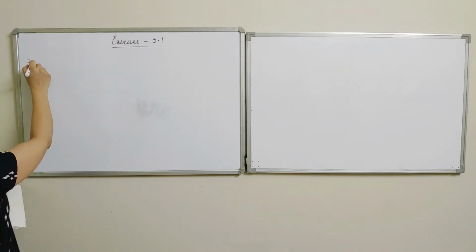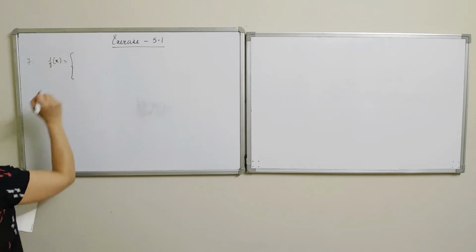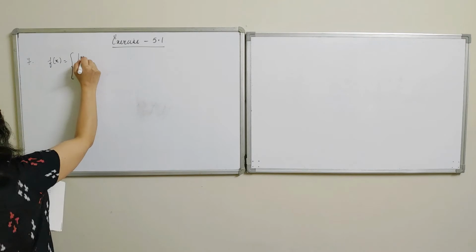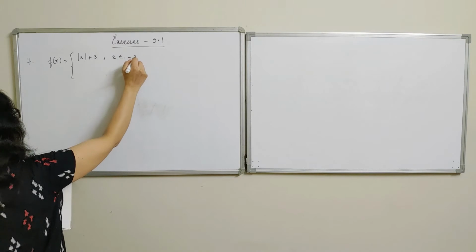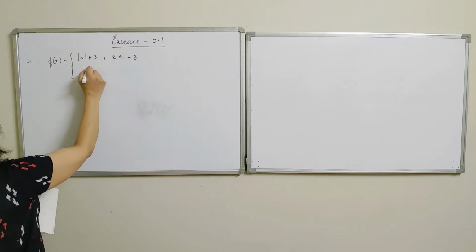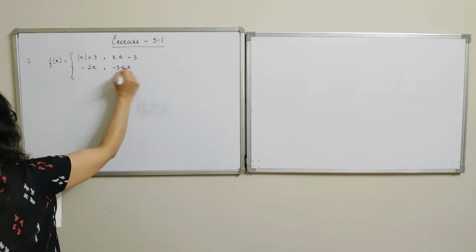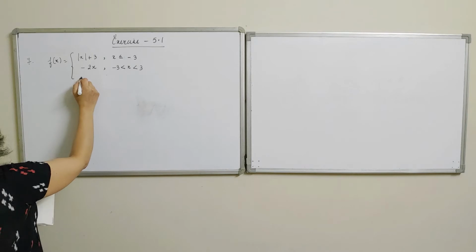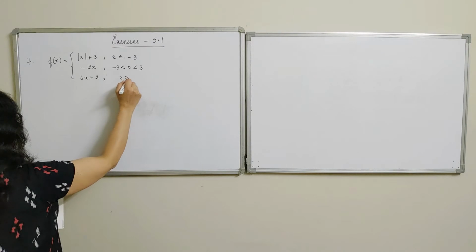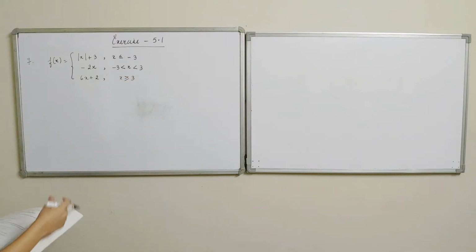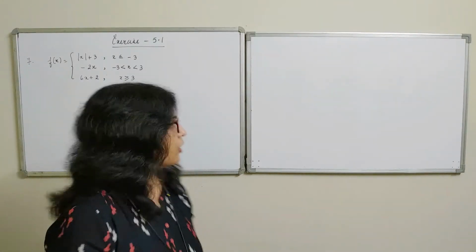The function is defined like this: modulus of x plus 3 when x is less than or equal to minus 3, minus 2x when x is greater than minus 3 and less than 3, and it is equal to 6x plus 2 whenever x is greater than or equal to 3. So what are we doing in this question? In this question we are finding the points of discontinuity.